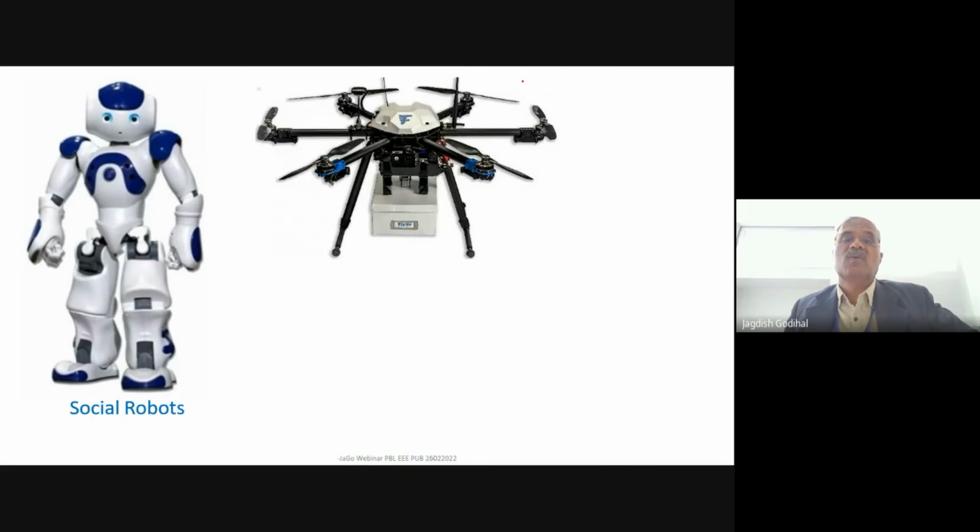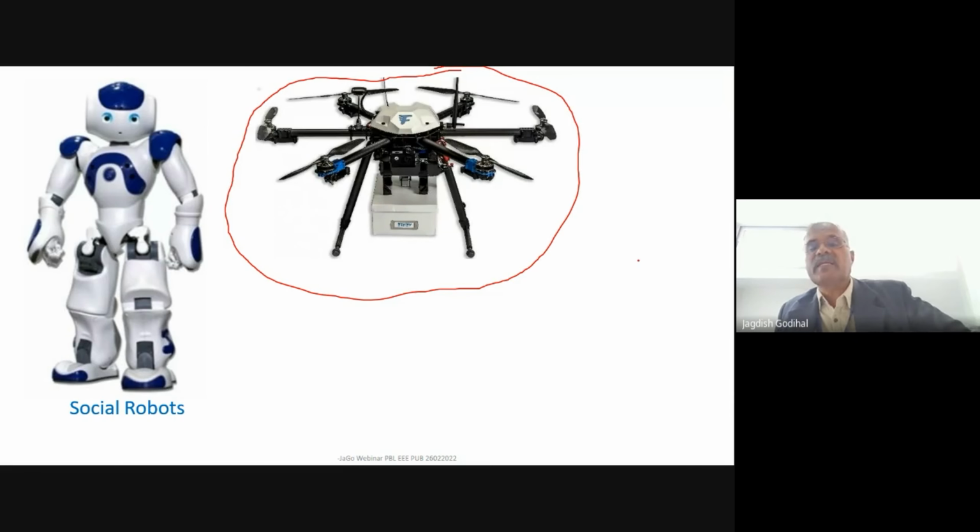Then drones, whether to identify or detect crop disease, or to spray insecticides, sorry, pesticides, at a predetermined level so that you are not creating air pollution, but effectively spraying the pesticide with a minimum quantity.